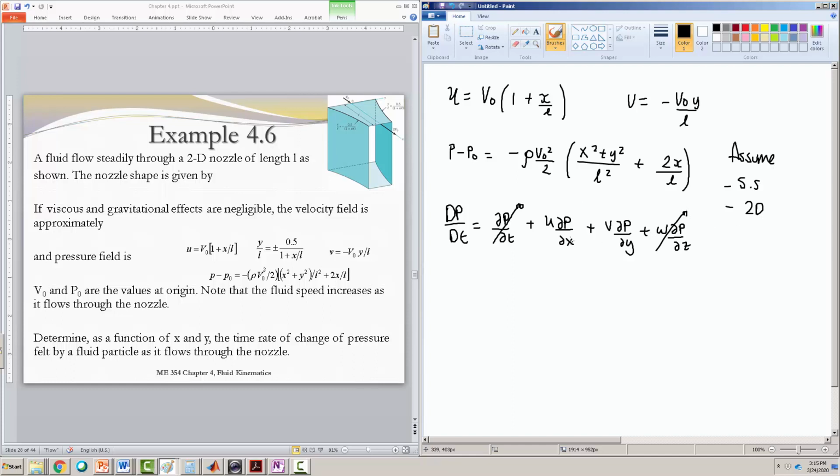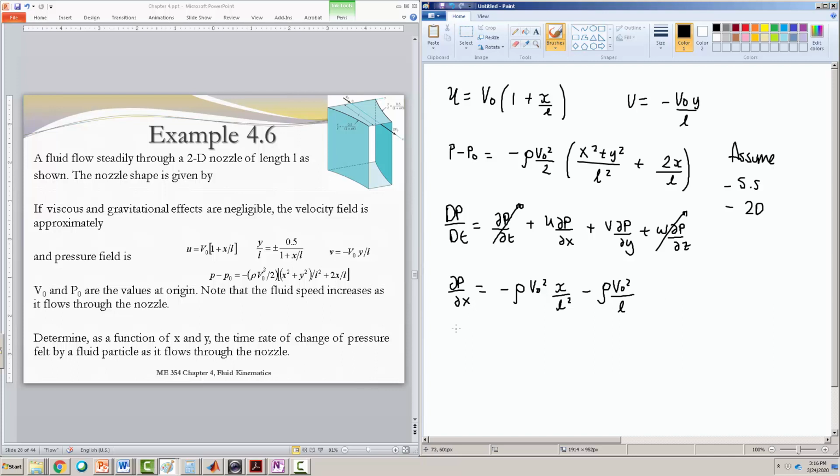Okay, so in this equation, basically we already have the value of u. We need to calculate the ∂P/∂x, and we need to calculate the ∂P/∂y. So we simply take the derivative of this variable with respect to x, and once we simplify it and do a little bit of math, it should give us negative rho V0 squared x divided by L squared minus rho V0 squared over L. Okay, so that's the ∂P/∂x.